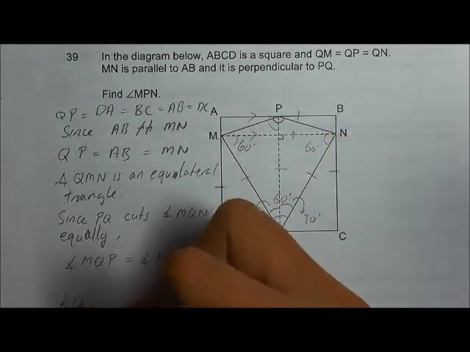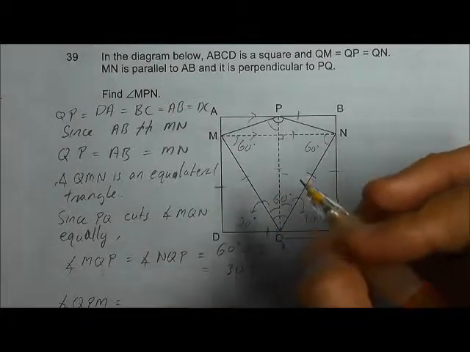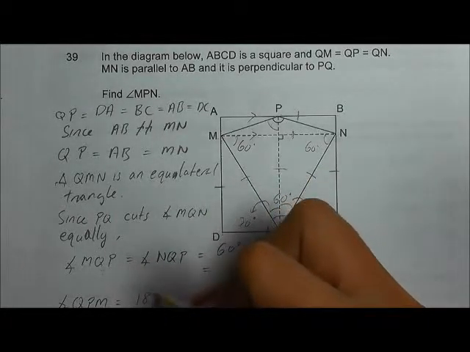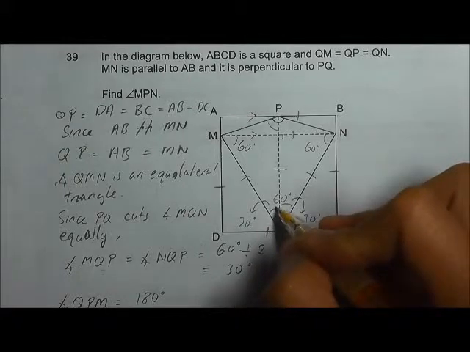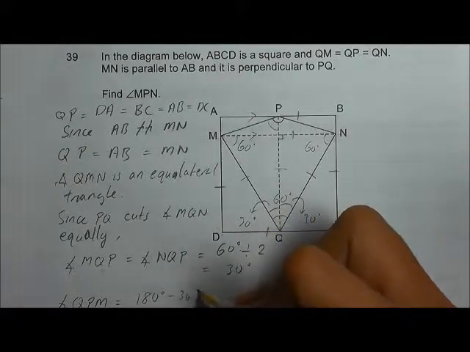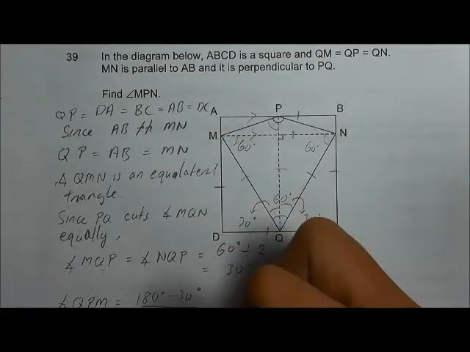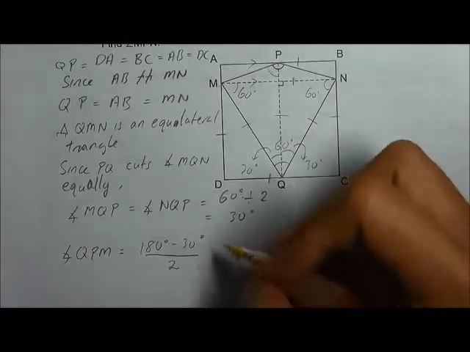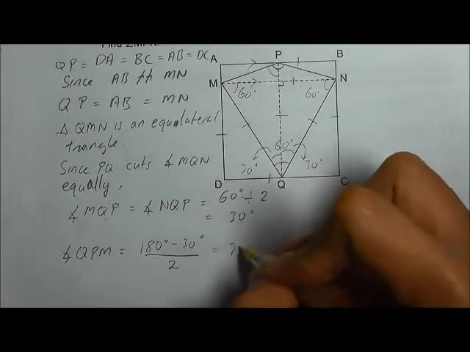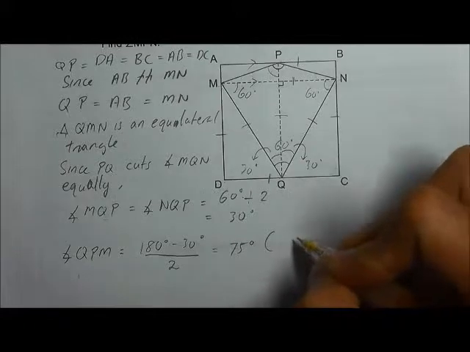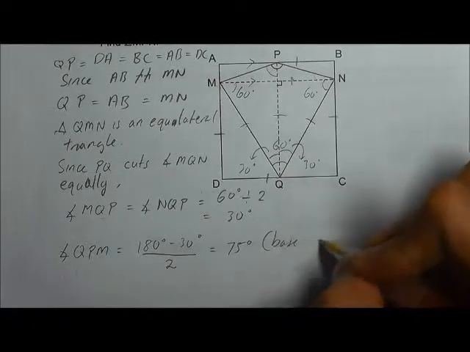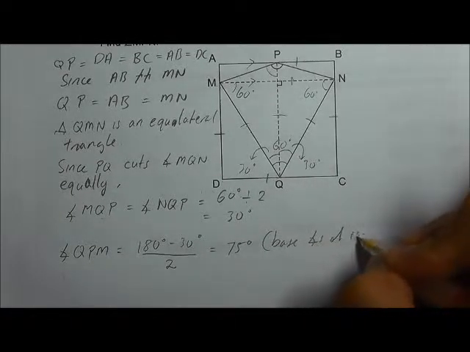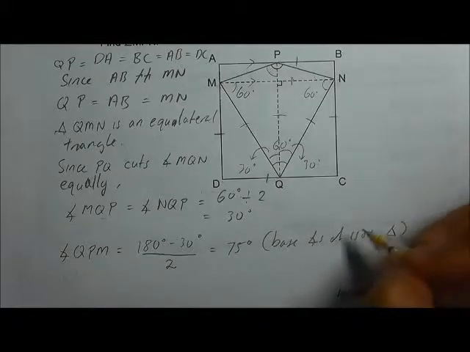Angle QPM is equal to 180 degrees minus this angle, which is 30 degrees, and we divide by 2. That will give us 75 degrees. We can do this because of the base angles of an isosceles triangle.